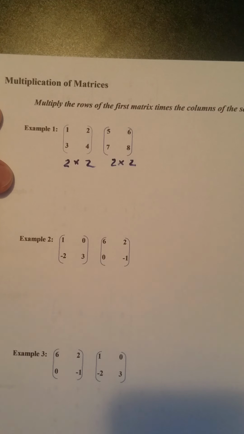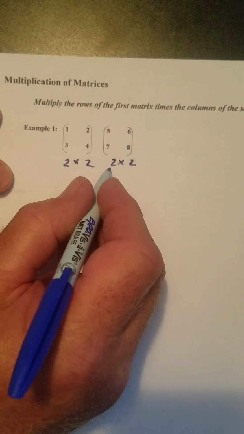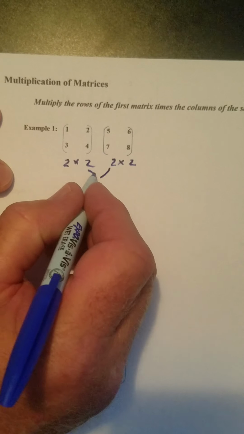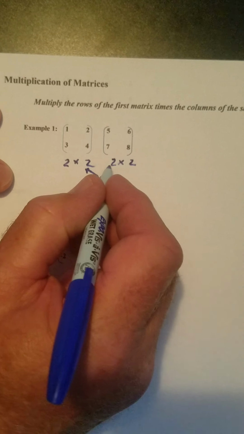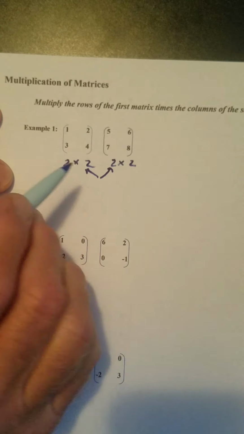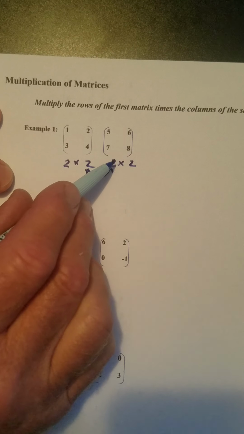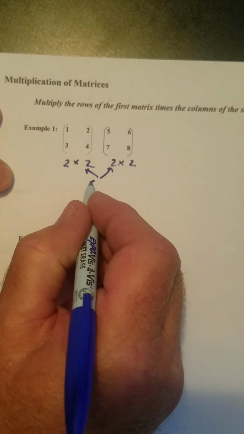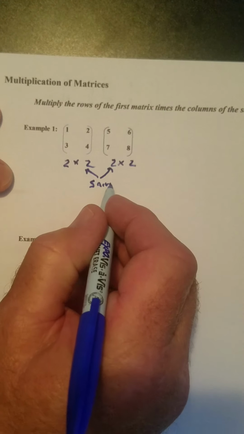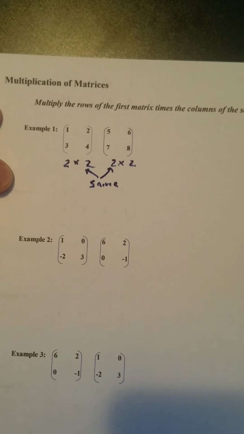Before you can multiply matrices, you have to look at these 2 numbers right here, the second one here and the first one there. Those have to be the same. If you look and they're not the same, then you cannot multiply them.